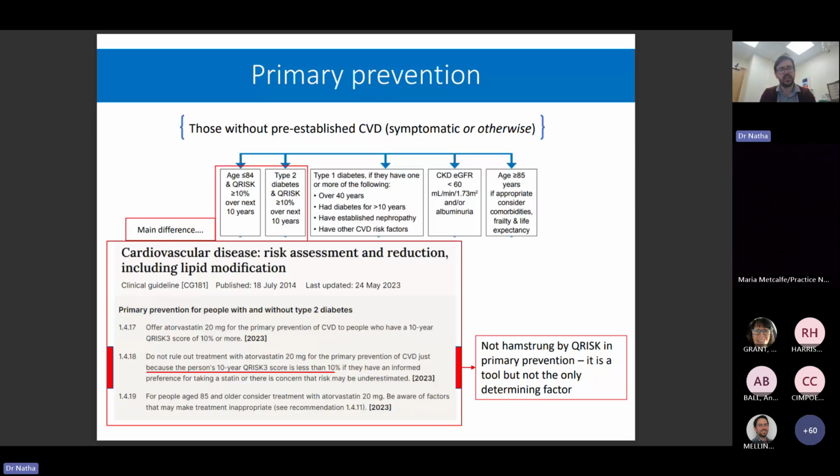So whilst the NICE guidelines still do quote that 10-year QRISK of 10% as being a cutoff, it is much more, I would say, a soft cutoff rather than a hard cutoff, for whether you should consider treating someone for primary prevention. And that soft cutoff comes from a number of caveats.